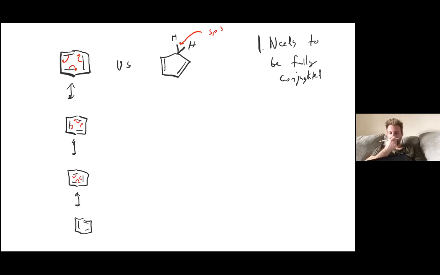Because we have this fully conjugated system, you can constantly move your electrons around your ring.